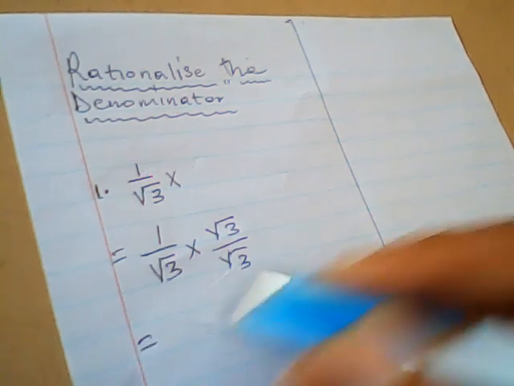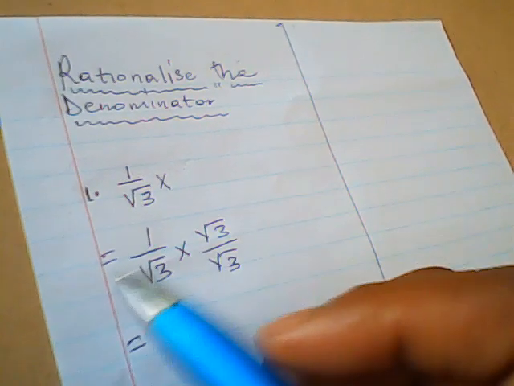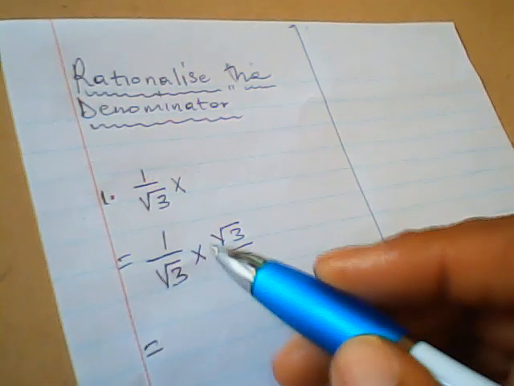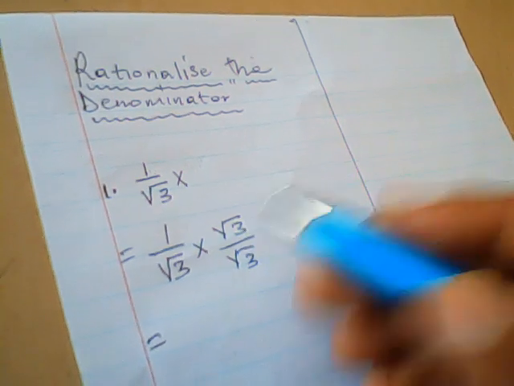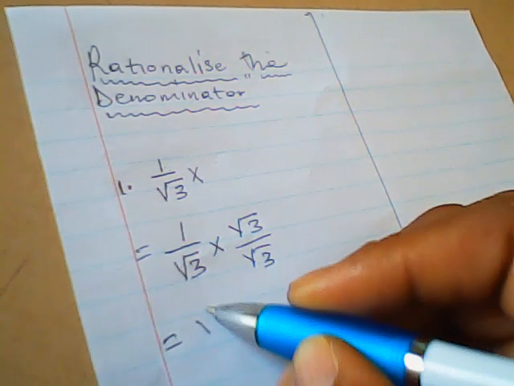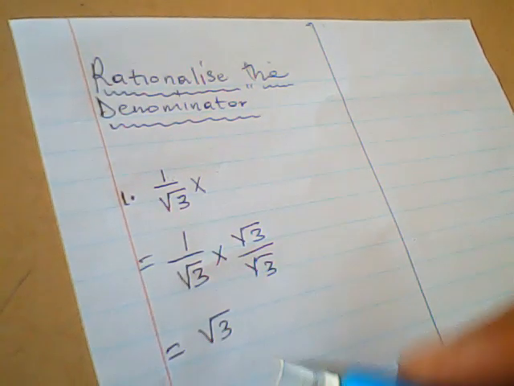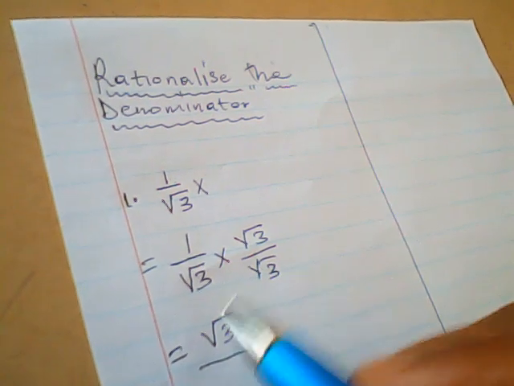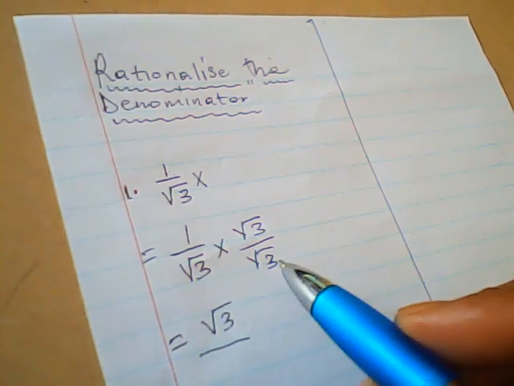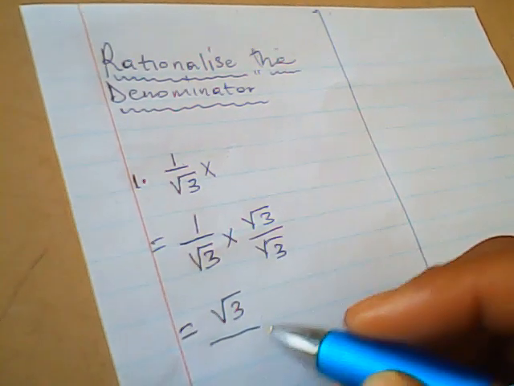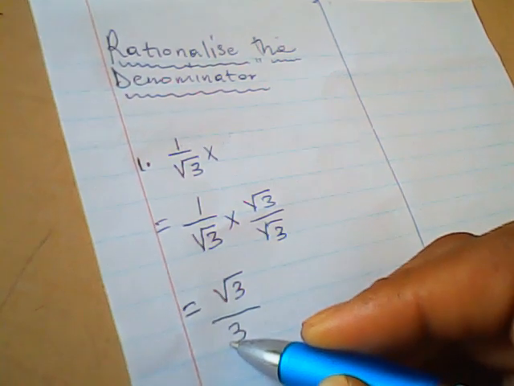Then the next step, we're going to multiply. We just do the maths here. 1 multiplied by square root of 3, we get square root of 3 over square root of 3 multiplied by square root of 3. The answer is 3.